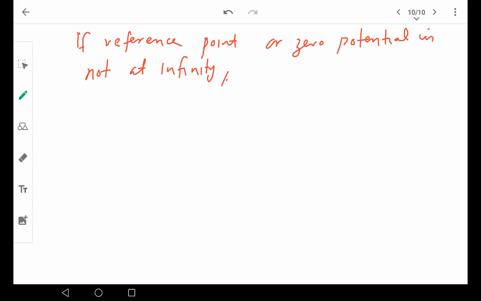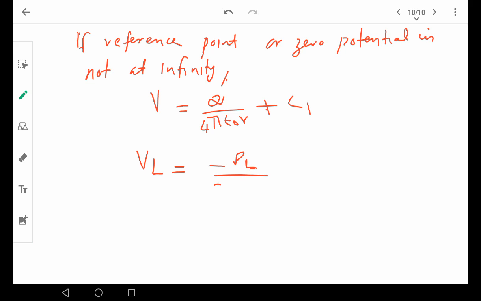Then you have to write the voltage due to a point charge as Q by 4 pi epsilon 0 R plus C1, and for a line charge you have to write it as minus rho L by 2 pi epsilon 0 Ln rho plus C2.